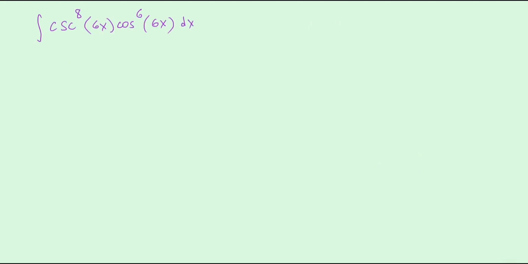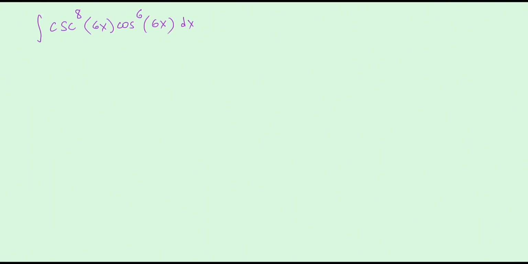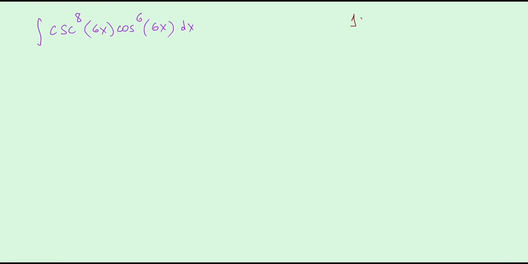Here we are integrating cosecant to the 8th power of 6x times cosine to the 6th power of 6x dx. In this problem, it looks like we will be using the third trig identity, which is 1 plus cotangent squared theta equals cosecant squared theta.